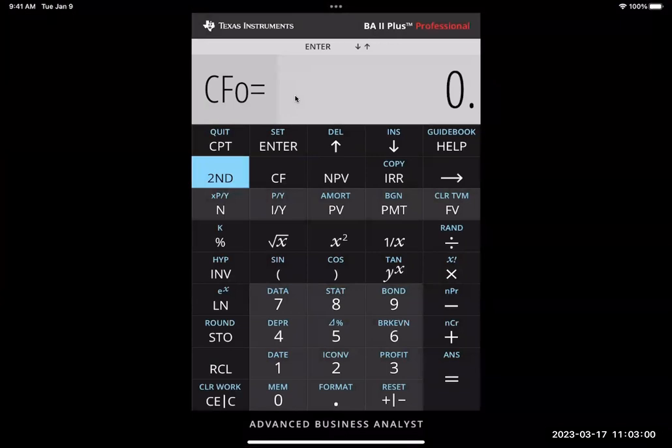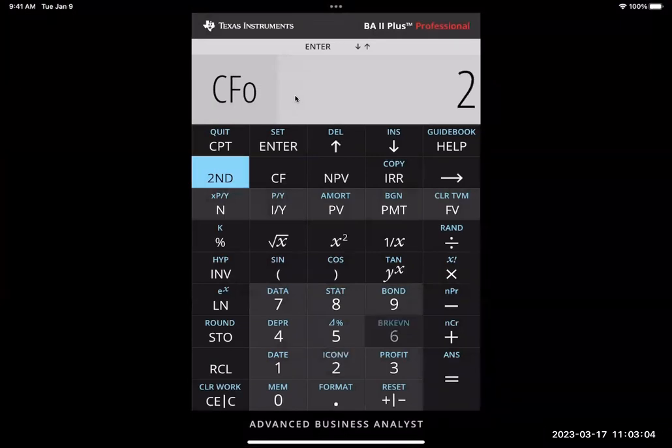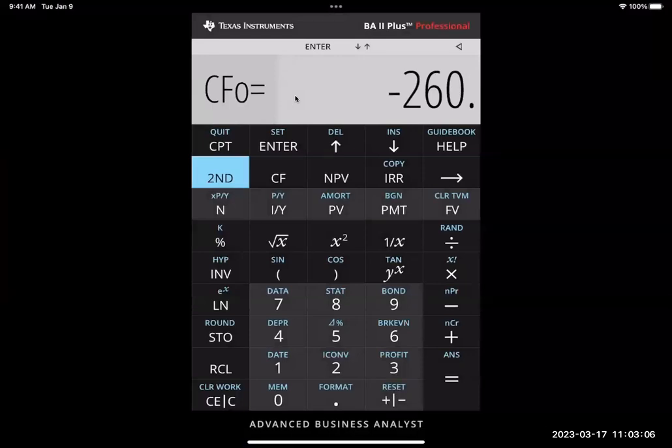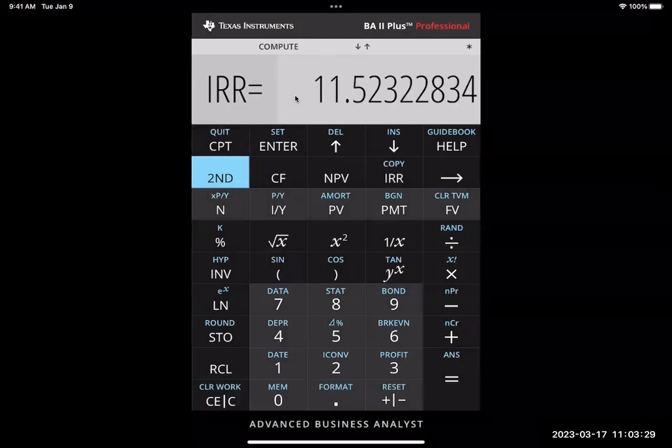And then enter negative 260. Down. And then a positive 250, one of those, and then 300, one of those, and then 20, one of those, and then negative 340. And now I hit IRR and compute, and I get the number 1152.